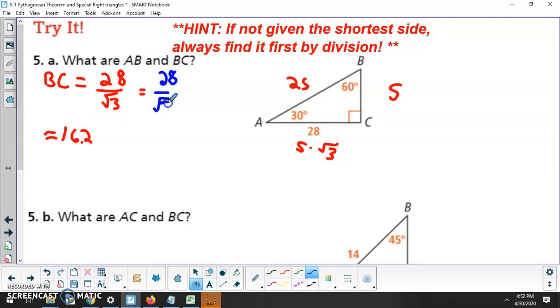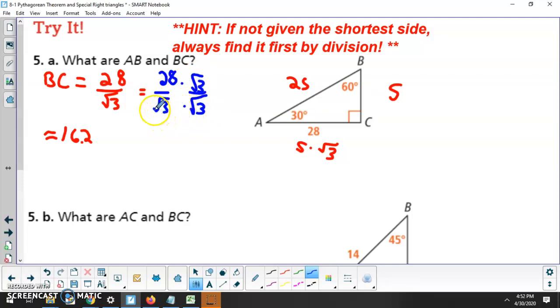So to get rid of it, you multiply the top and bottom by the square root that's in the denominator, which is equivalent to 1. You're multiplying by the same thing over the same thing, and the point is to get rid of the square root in the bottom.